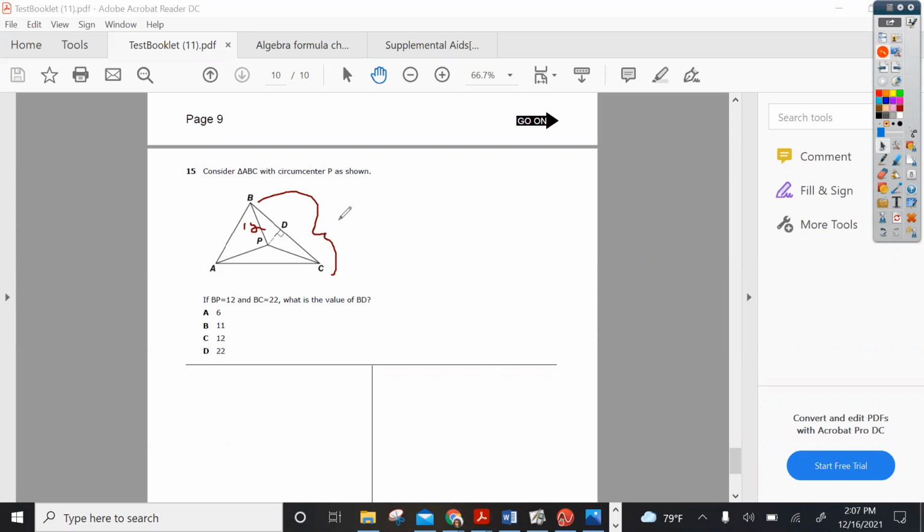BC is 22, which makes this 11. And we're looking for this value right here. It's 11. I was overcomplicating it because half of BC, since those are congruent because it's a circumcenter, is going to be 11. So that's B.